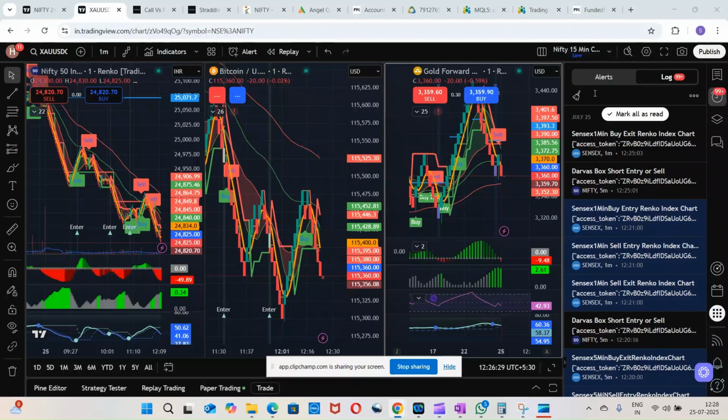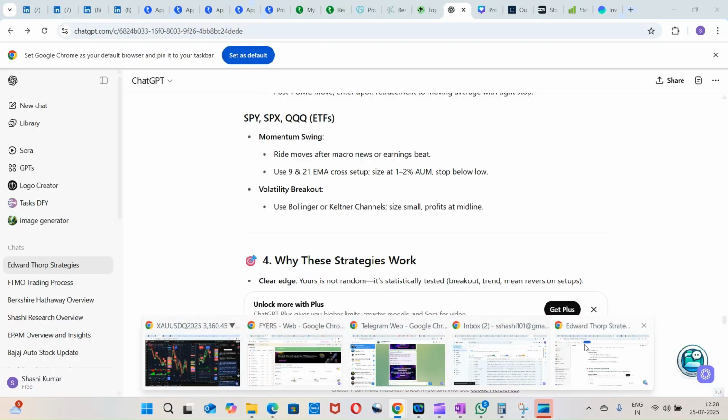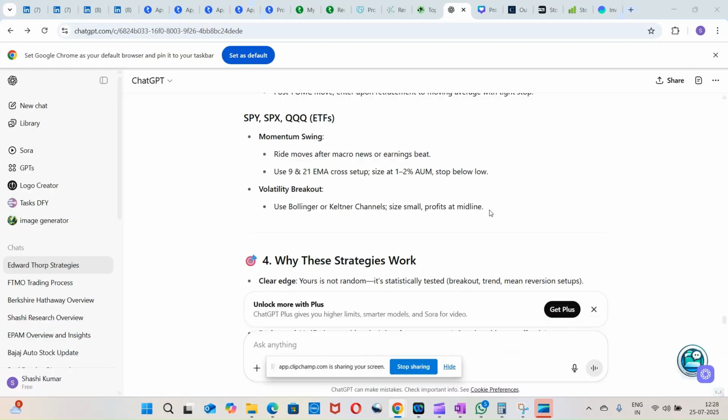So that's how we can use alerts to automate the trades, and we can do paper trading in TradingView also, and you could practice in Bitcoin, XAUUSD, to get familiarity with those things. But yeah, that's the topic for today, guys.